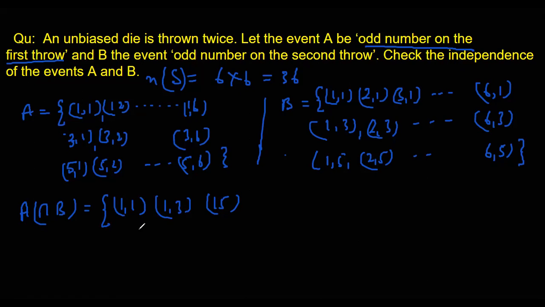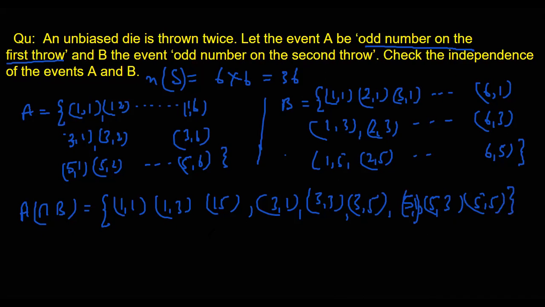Then 3 1, 3 3, and 3 5. And then I can have 5 1, 5 3, and 5 5.